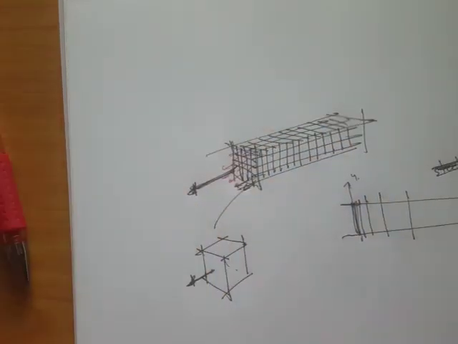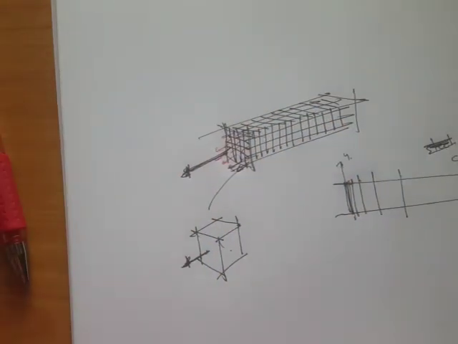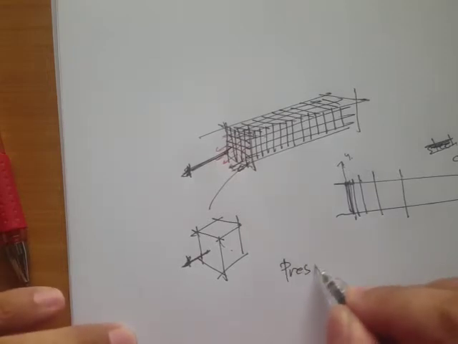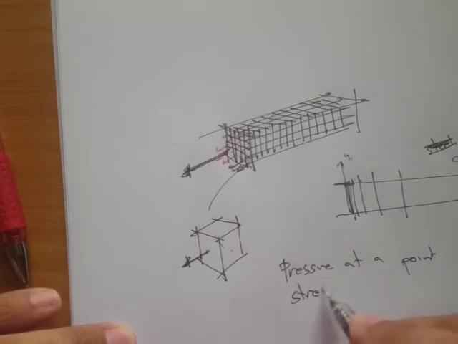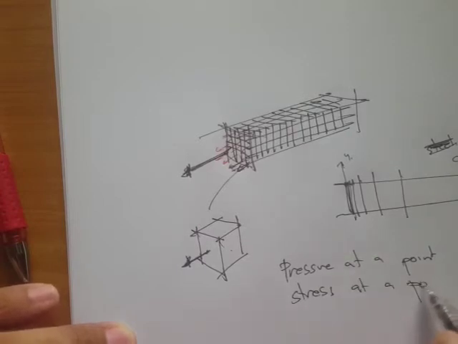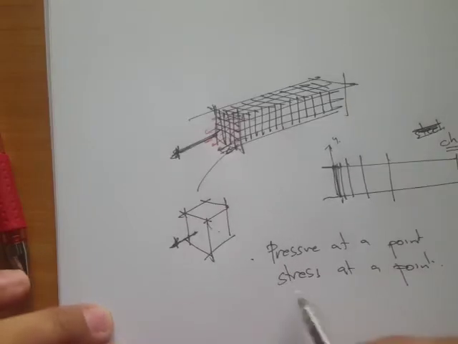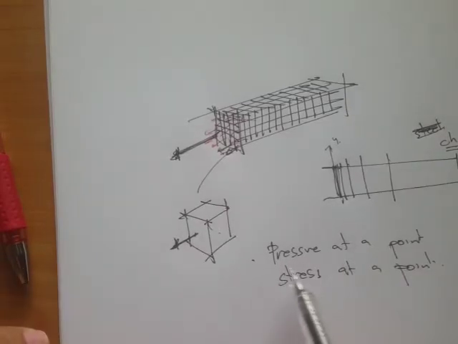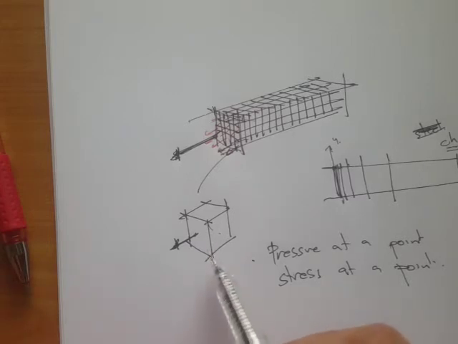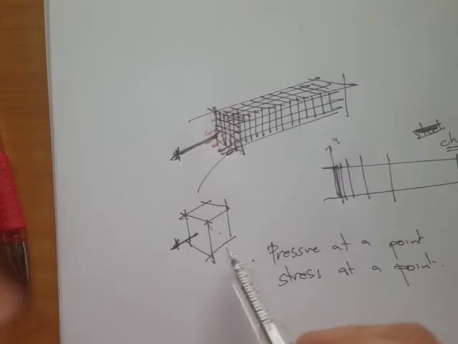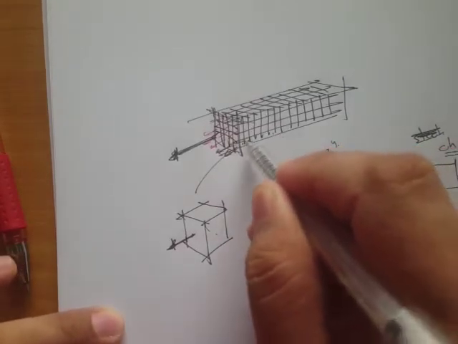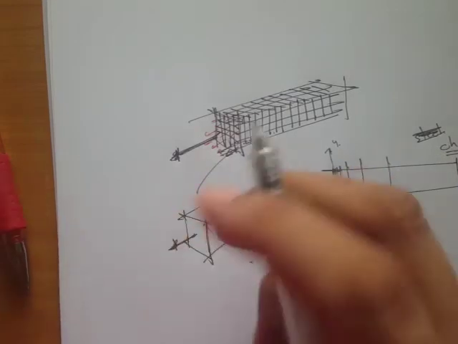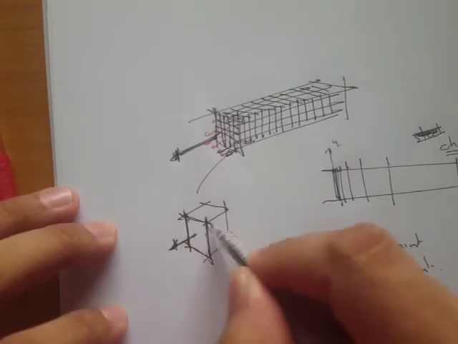And that's why sometimes you have encountered the term, for example, pressure at a point, or stress at a point, right? It's just simply because this infinitesimal object is actually like a point. If you shrink it down to 0, it's like a point actually. So this point, if we zoom in, it's like this.